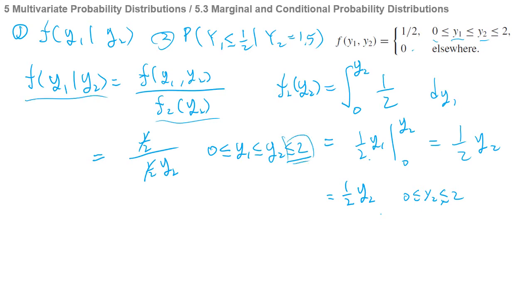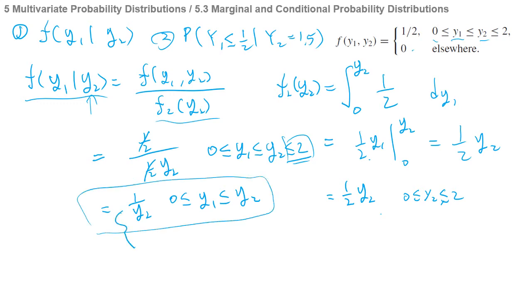When we are having this one, we think that y2 is given, so the density is actually the density for y1. So this is 1 over y2 on the interval where y1 is from 0 to y2. So this is the conditional density, and zero otherwise.